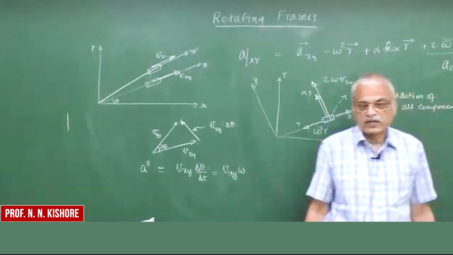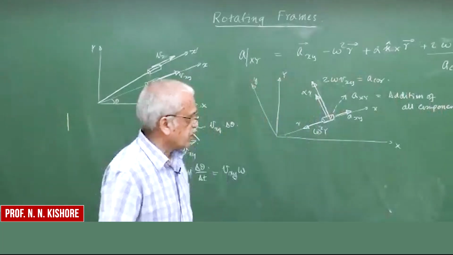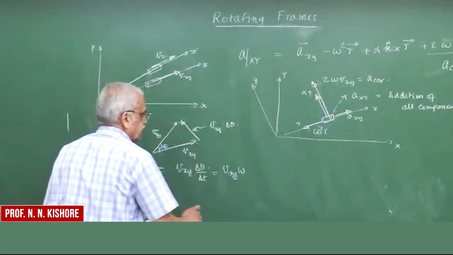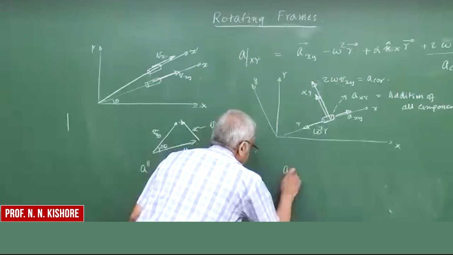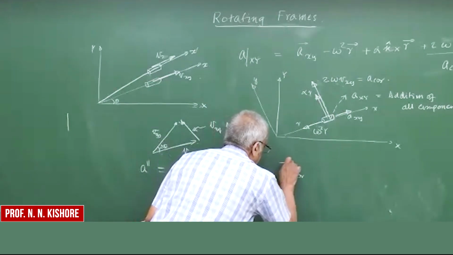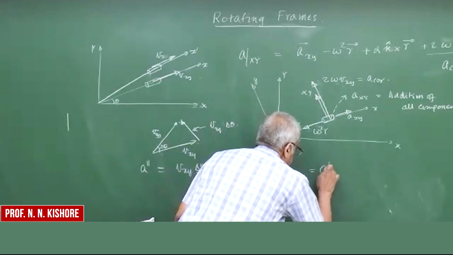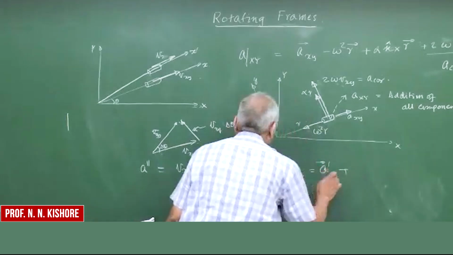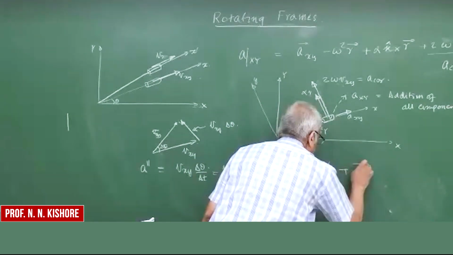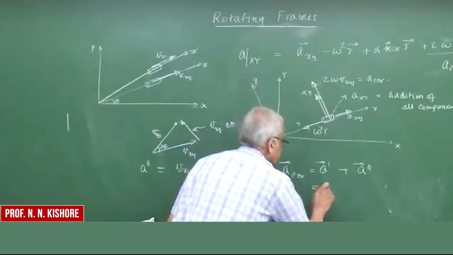So it is also in the same direction. These two components add up, so the total A here is nothing but A prime and A double prime, and both are the same.